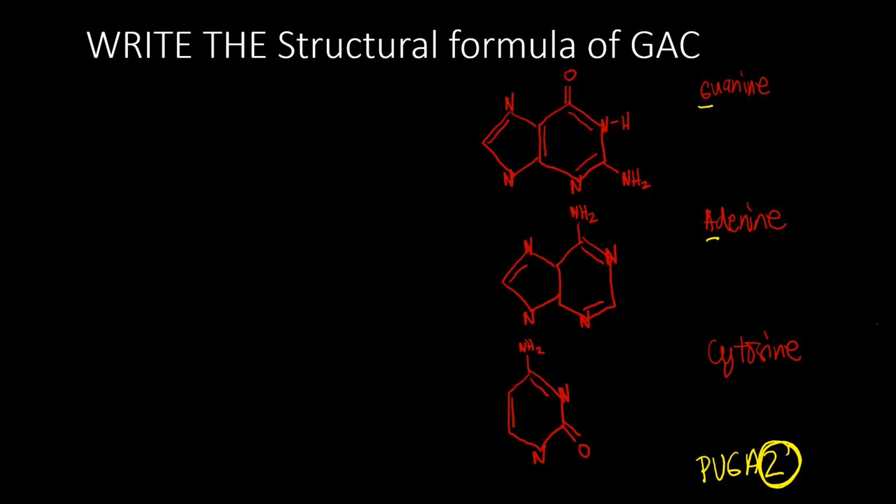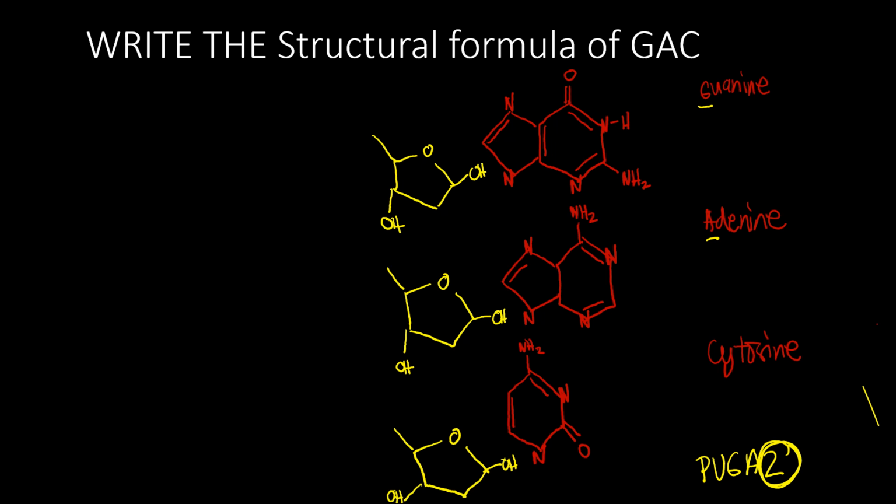The first reaction is the formation of nucleoside, which is joining the nitrogen base and a 5-carbon sugar. The nitrogen from the nitrogenous base will attach to the C1 of the sugar. So it will attach at C1.